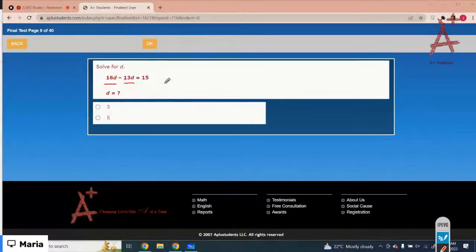So 16 take away 13 is 3d. 3d equals 15. Got it? You have to find the value of d only. So remove the 3 that is multiplying d. Opposite to multiplication is division, so it would cancel out. You are left with d. And 3 times what number is 15? 3 times 5 is 15. So d equals 5. Got it? So the correct option is d equals 5.